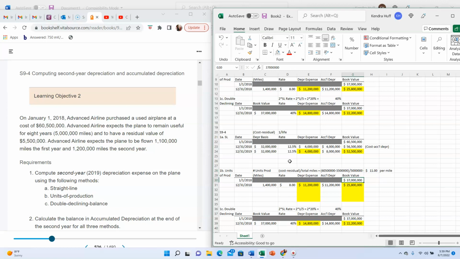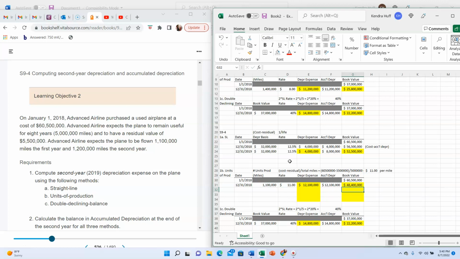All right, so we start off with a cost of $60,500,000. The first year we flew 1,100,000 at $11.